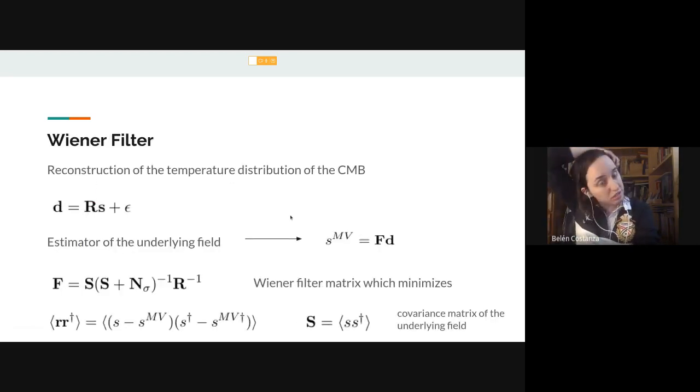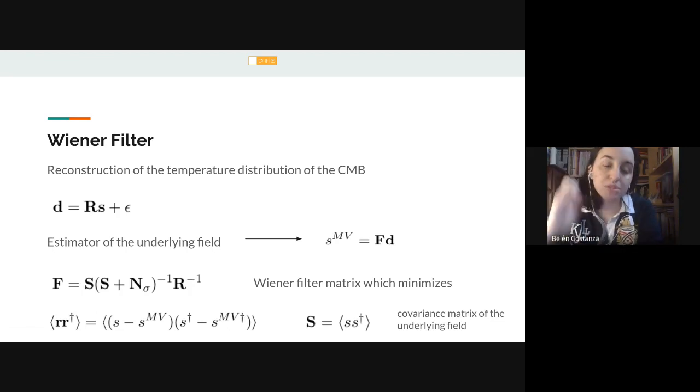As I said, the idea of the Wiener filter is to apply a filter to noisy maps of the CMB and return a map without noise, or very close to the original signal. So we are interested in the reconstruction of the temperature distribution of the CMB.